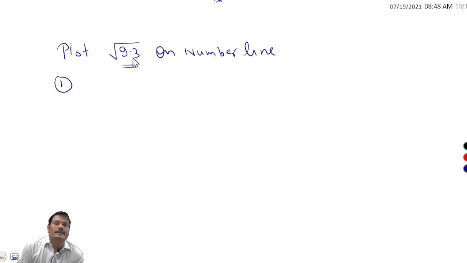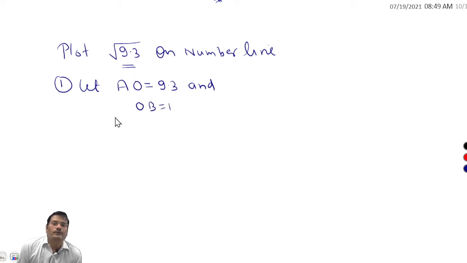First step is that we take AO is equal to 9.3 and OB is equal to 1. So then we have to draw a line segment of 9.3 plus 1, that is 10.3 centimeter.